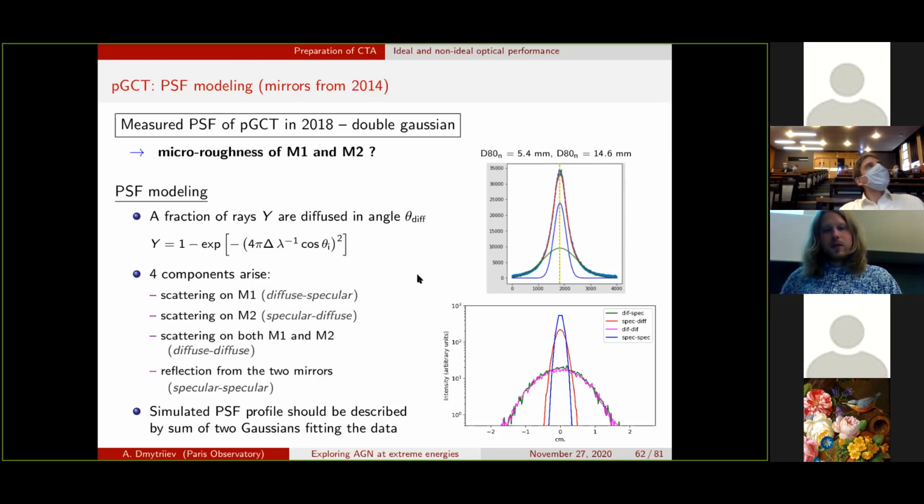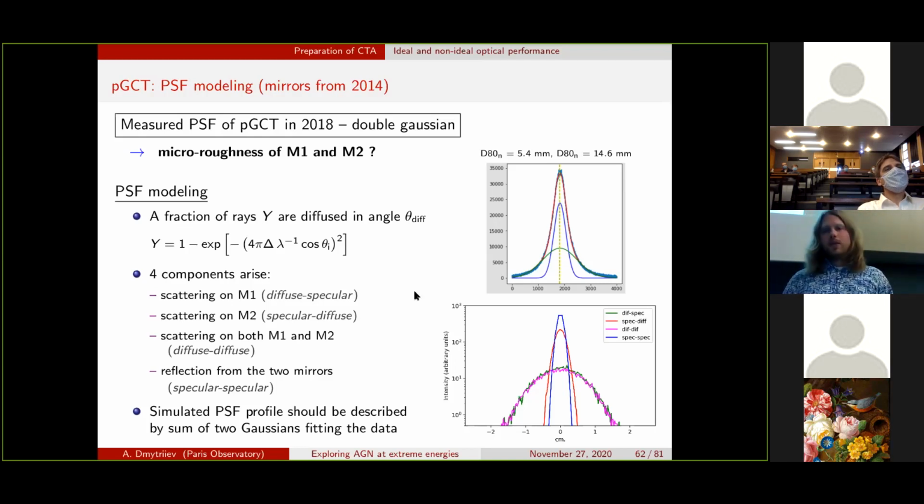My goal was to model the PSF, and our assumption about why we observe this structure is the micro roughness of the primary and the secondary mirror. To verify that, I simulated in the following way.